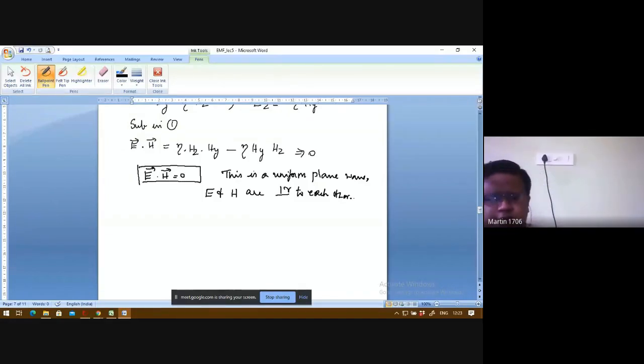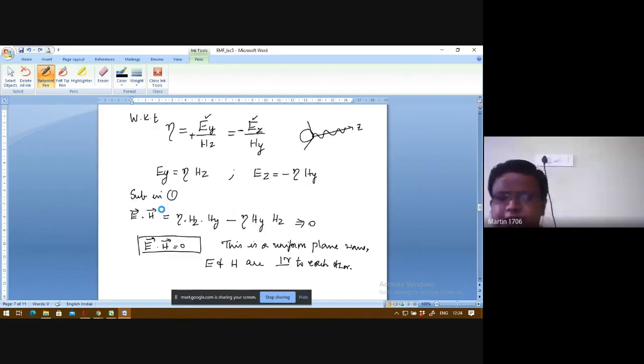But in the cross product, it is a vector, and in the matrix we will do some multiplication, and there are some rules we will follow for expanding that matrix. Okay, let me go for the second case, that is the cross product of E and H.